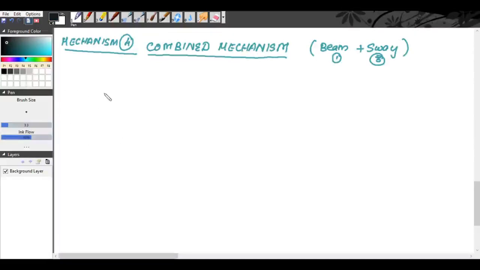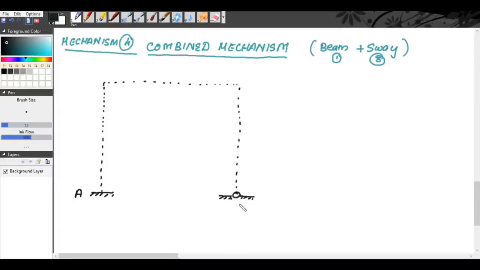So our frame is like this. This is our frame, A, this is D, B, C. We have a concentrated load of W by 2 acting at a distance of L by 2 from A. So this is L by 2.